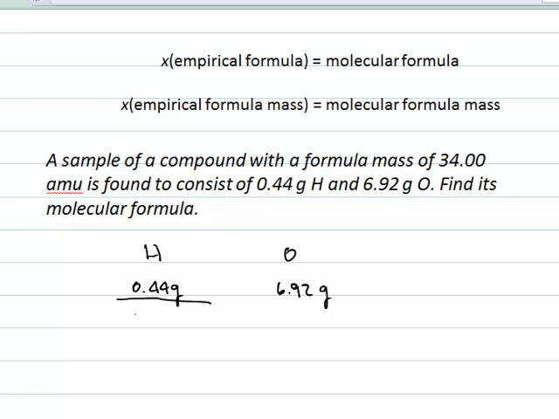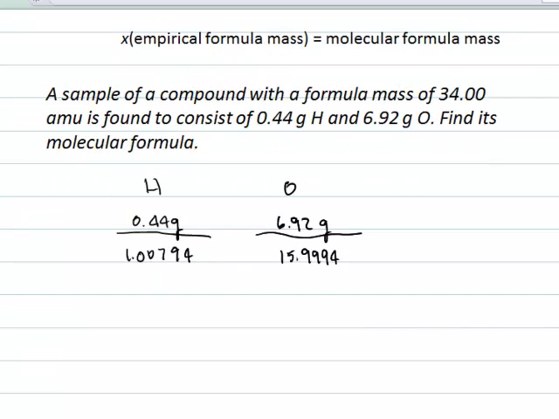We're going to divide those by the molar mass. And when we get that, we have to be careful with sig figs here. We only have 2 sig figs in this one.